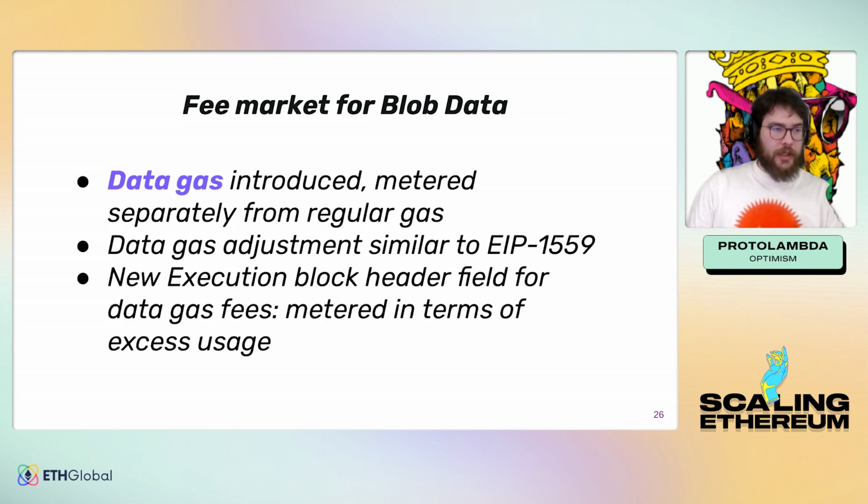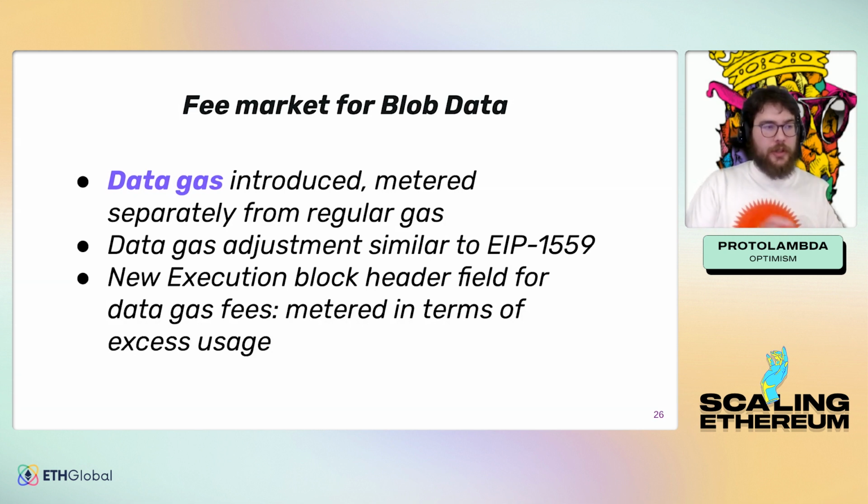In EIP-4844, we know this as the base fee. The base fee goes up if there's an excess. It goes down if there's not an excess. You could express this in many different ways. It doesn't have to be a floating point like variable that moves around.